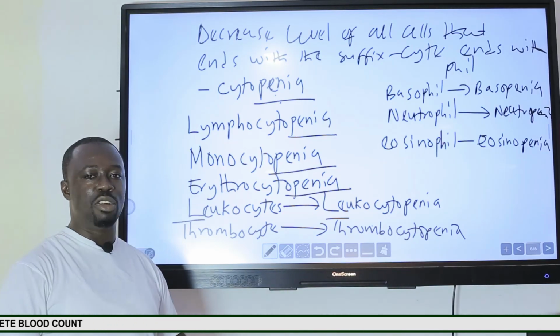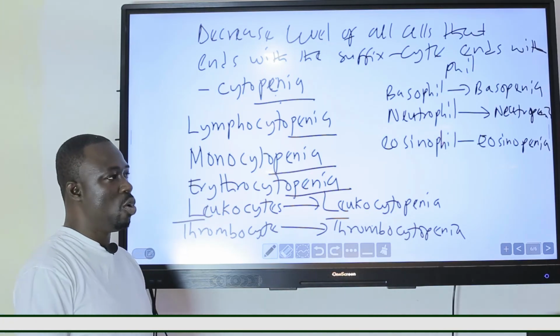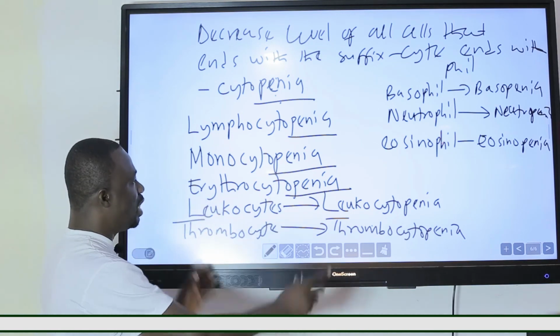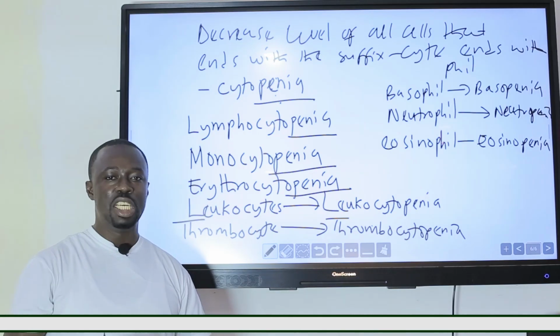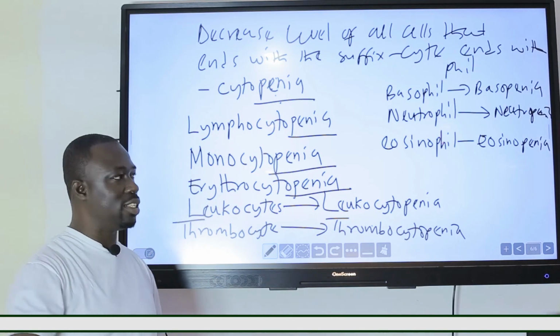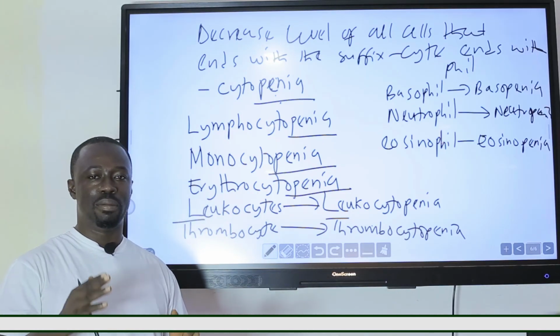Or if the lymphocyte count is high, I will be indicating lymphocytosis. If it is low, that will be lymphocytopenia. So basically these are the terminologies that will be utilized when it comes to the interpretation of the full blood count. So in our subsequent lesson, we will take each of these white blood cells one by one. Thank you.